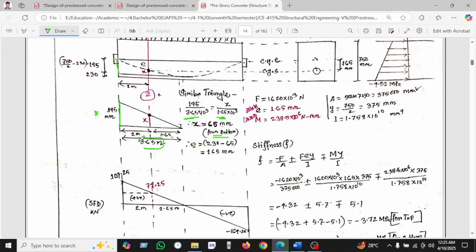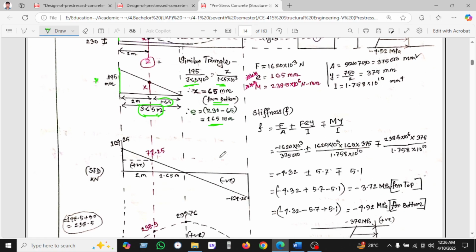These are the lengths. So these are the similar triangles calculated. As our first eccentricity was 145, now we have found a new eccentricity of 165.